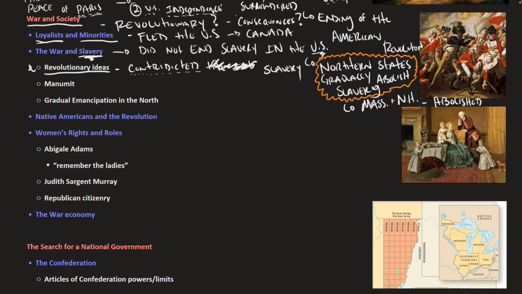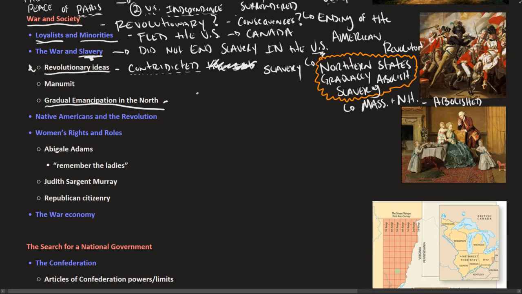Or, all slaves who are currently slaves remain that way, but their children will be free. So some type of law that makes it an institution that gradually eradicates over time. Here it is, gradual emancipation in the North. I even have it written here.